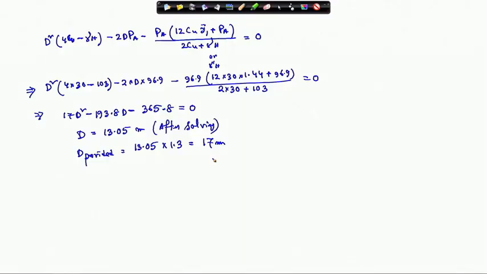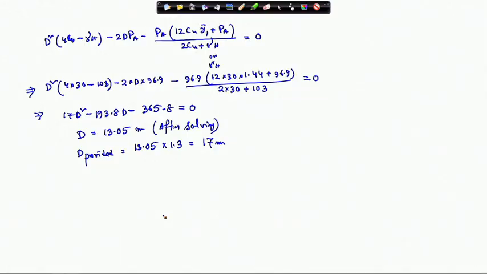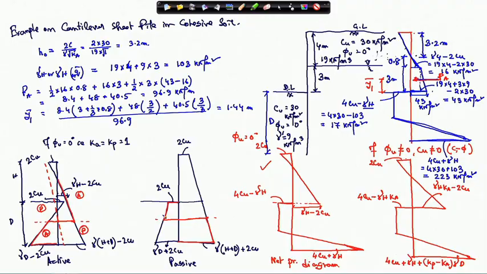So, here also 17 meter is a very high value. So, you can reduce this value, you can provide the anchor sheet pile, or this soil's C value is very small, 30 kilonewton per meter square. If a higher C value is there, then for the higher C value this 4 Cu minus gamma h part will increase. So, the required depth will reduce.